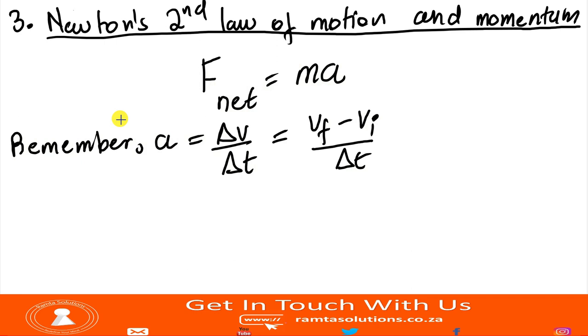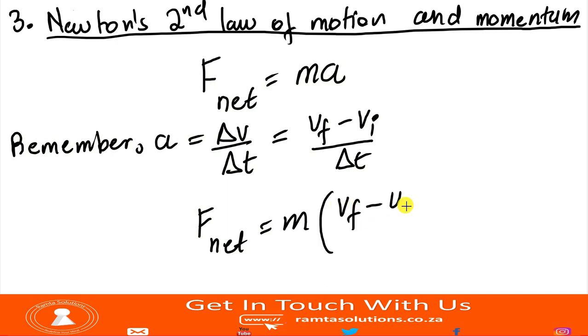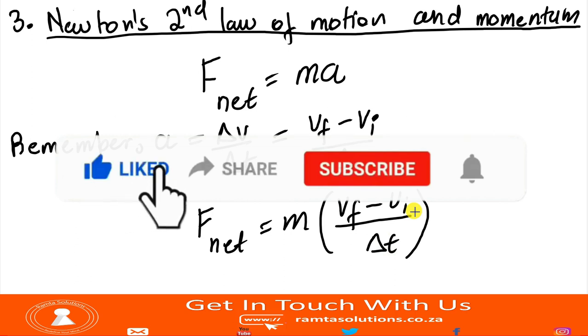So F sub net equals m (v sub f minus v sub i) all over delta t. Let me wait for you to finish writing this down.